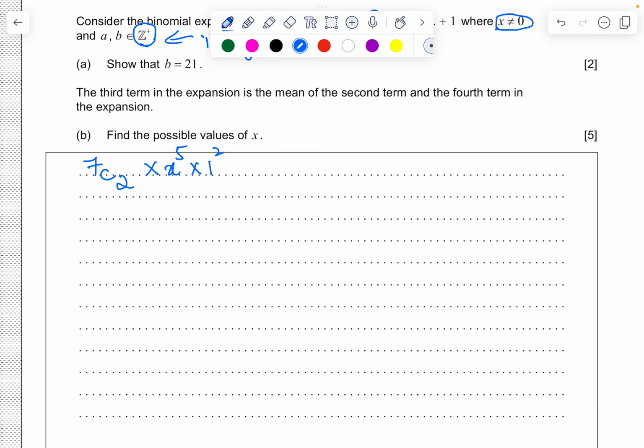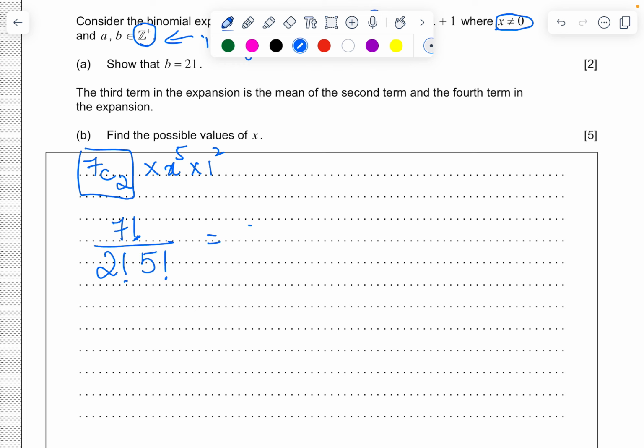This is basically a paper 1 question, so I'm going to use the formula. How can I write 7C2? 7 factorial divided by 2 factorial times (7 minus 2) factorial, which is 5 factorial.